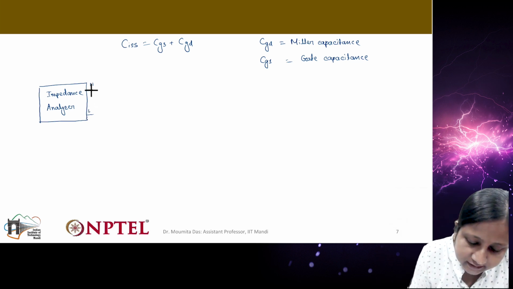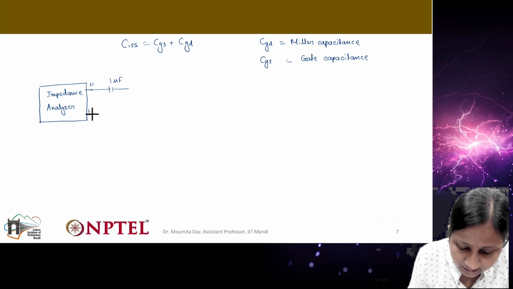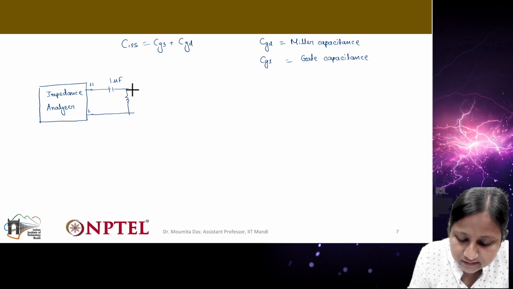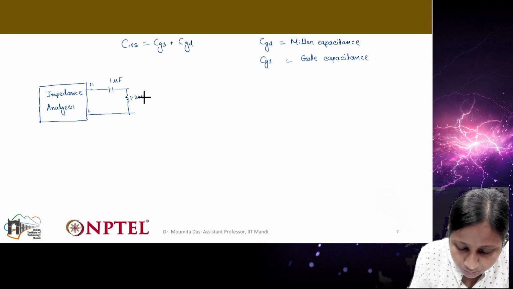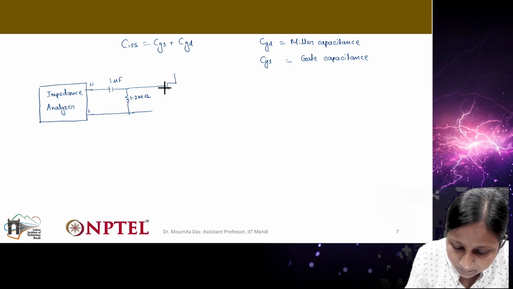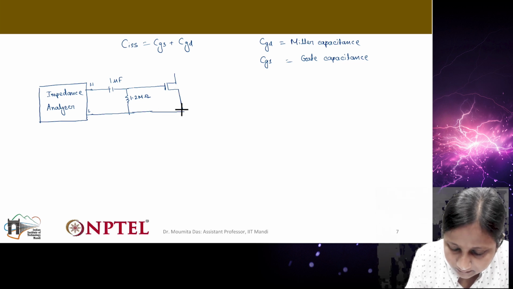Similar to the previous case, one 1 microfarad capacitance will be connected here, and then a high value resistance, 1.2 mega ohm, will be connected here in parallel. Now this will be connected to the device gate. So gate will be connected here and then source will be connected here.